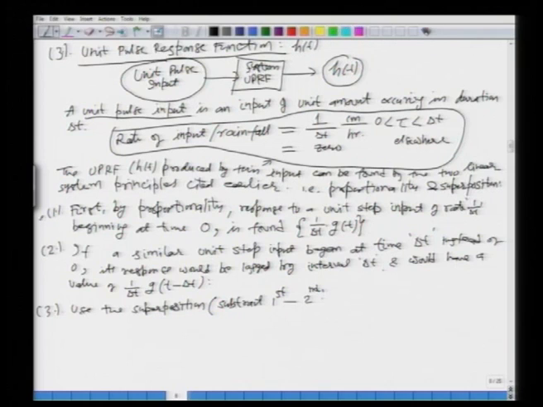That is, this is the first one and this is the second one. So, we have two responses, one is 1 by delta t g of t, other is 1 by delta t g of t minus delta t, all right. So, if you carry out this operation, that will give you what? That should be your h of t, all right.